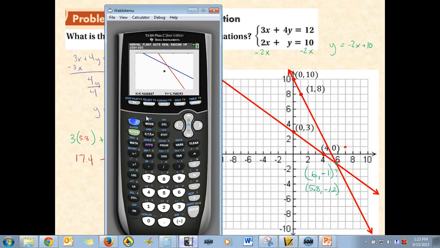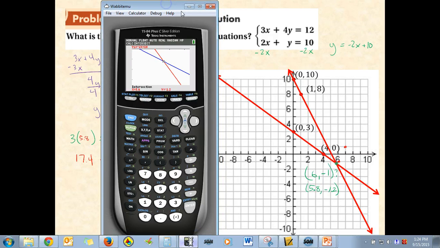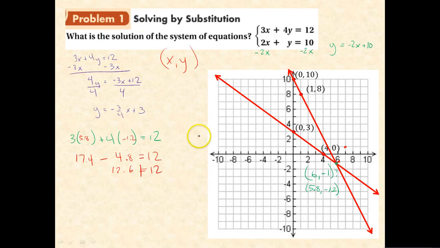Okay, now let's use the intersect tool. First curve is blue, second curve is red. My guess is right about here. So it says the intersection is 5.6 and 1.2. So that is one sort of cheater way to get it. But I'm going to show you the algebraic way to get it. You ready for this? Let's do it.